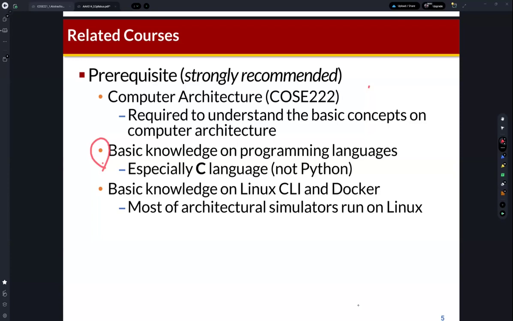Okay? So I expect everyone can write code using C. And this is also required for the lab. So you need to be familiar with the Linux command line interface and Docker.